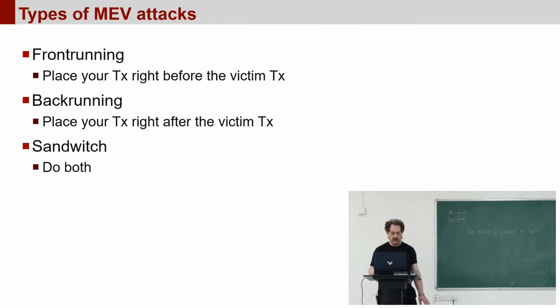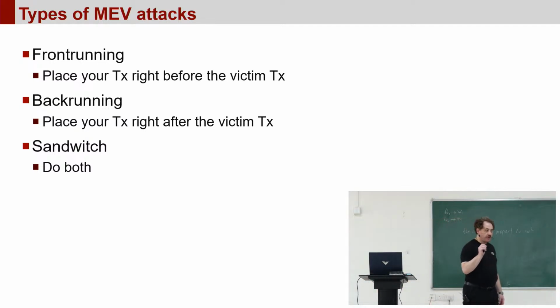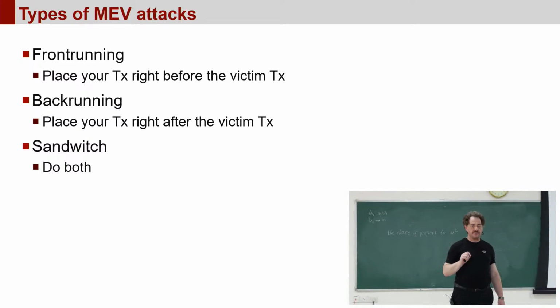There are three types. I mean, this is just a basic classification. Three types of MEV attacks. Front running: you place your transaction right before the victim transaction. You can have back running: you place your transaction right after the victim transaction. What's the point? The point is that you're the first after this transaction.